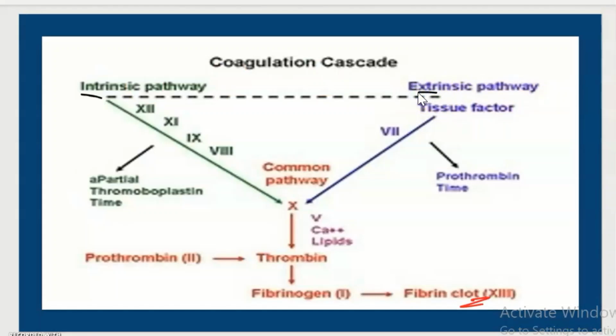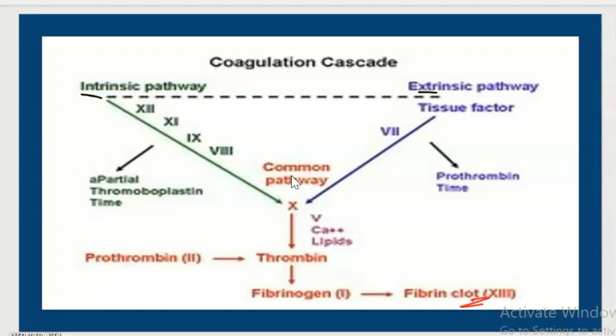It is activated when there is external injury that leads to blood loss from the vascular system. So as the name implies, it is activated when there is external injury.